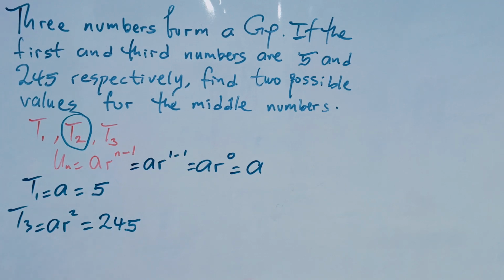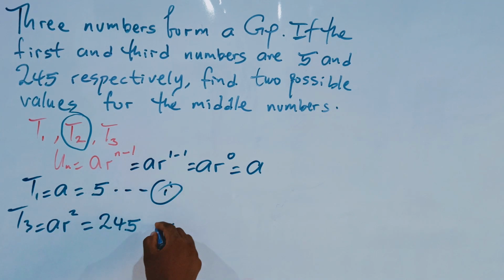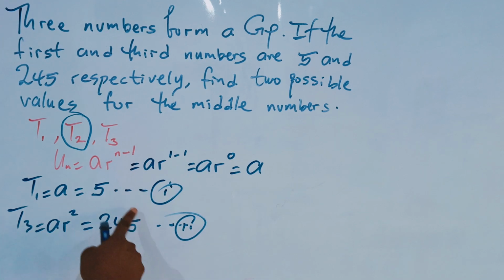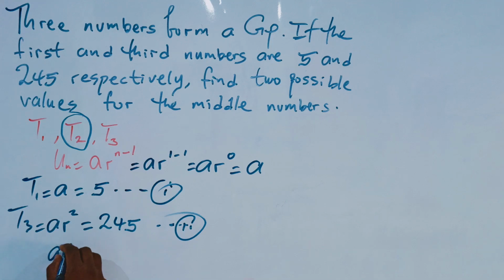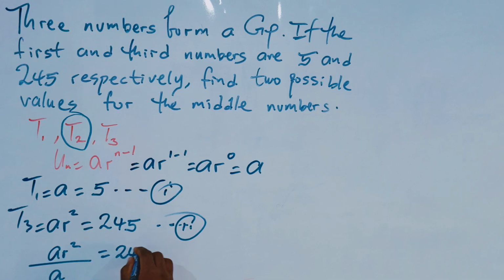So we have two equations here, this one and this one. Dividing equation 2 by 1 would be ar^2 divided by a equals 245 divided by 5. So a cancels a, then 5 reduces 245 to 49.